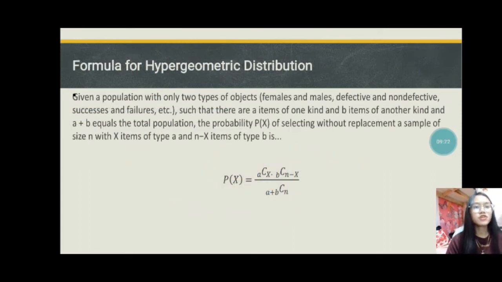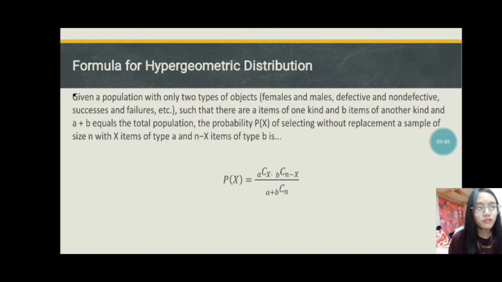Formula for the hypergeometric distribution: given a population with only 2 types of objects, such as females and males, defective and non-defective, successes and failures, etc., such that there are A items of one kind, B items of another kind, and A plus B equals the total population.